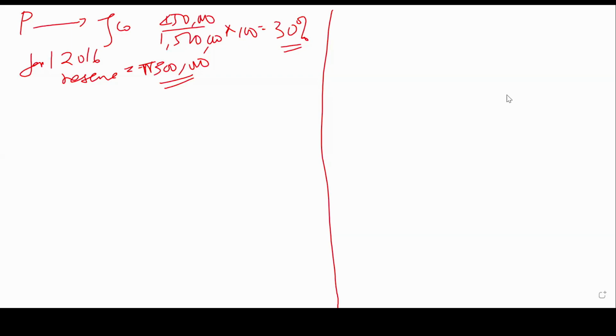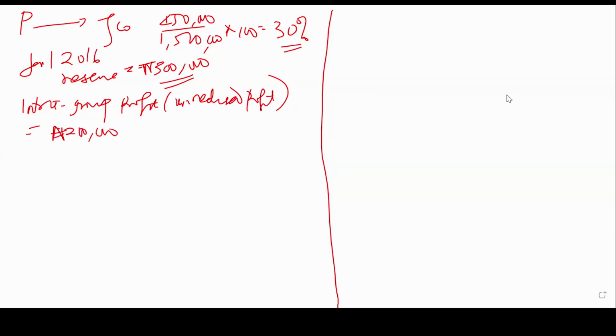Now, you must understand that what we have here is intra-group trading, and the fact that a portion of that good is still remaining in the group, in the books of PICO, means they have an unrealized profit. Bear in mind that ESCO has put a profit loading of 25%, meaning that this 200,000 naira in the books of PICO is sales price.